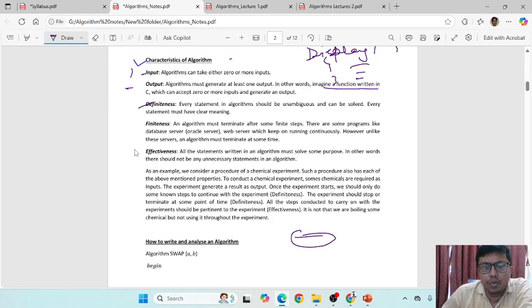No statement should be ambiguous; all the statements should be unambiguous. That means each of the statements you write in an algorithm should have a clear and precise meaning so that it is clearly understandable to the programmers who will be implementing that algorithm. That is definiteness.